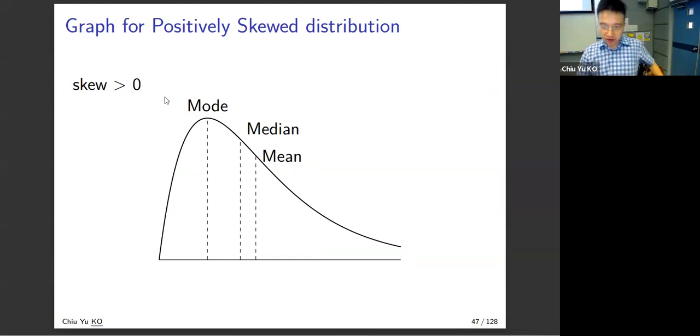But in general, if the data is skewed, the mean is bigger than the median. It need not hold in all cases, but usually when you say the data is positively skewed, the mean is bigger than the median. Same as the income data: the average income of the society is always higher than the median.